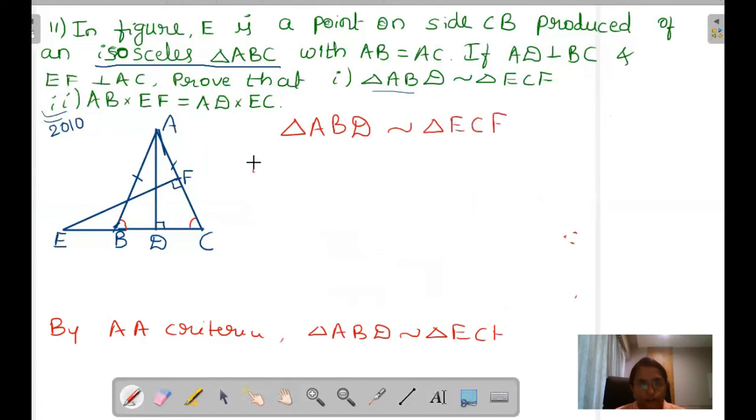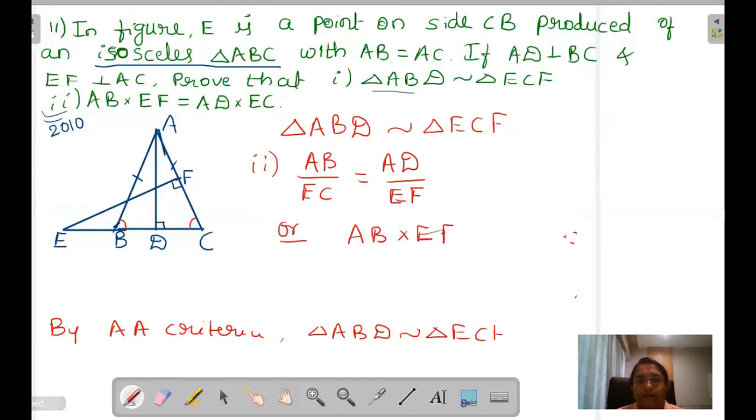So with this we can write AB by EC is equal to AD by EF, or AB into EF is equal to AD into EC. How have I taken this? By using proportionality. AB, EC. In that order only you have to take AD, EF. Okay. So hence the proof.